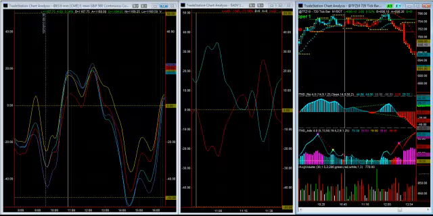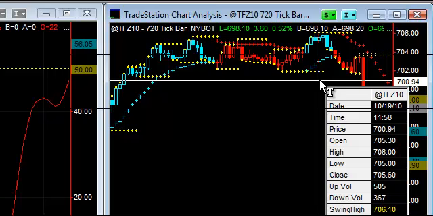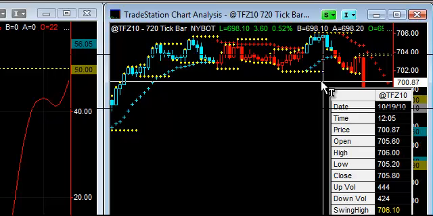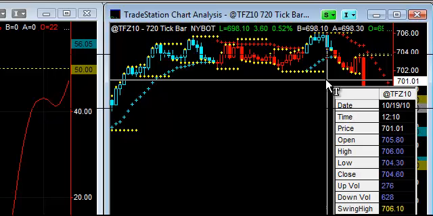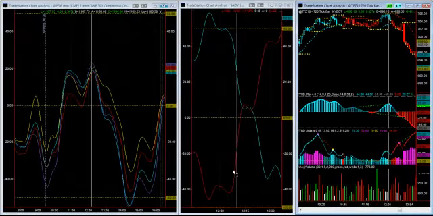And let me take the clipper off so we can see this. They came back, tested the top, never closed above it. So we knew that at that point the market's probably going to go down. We're still watching. Okay, you see that the advancing is declining. The declining issues is increasing.